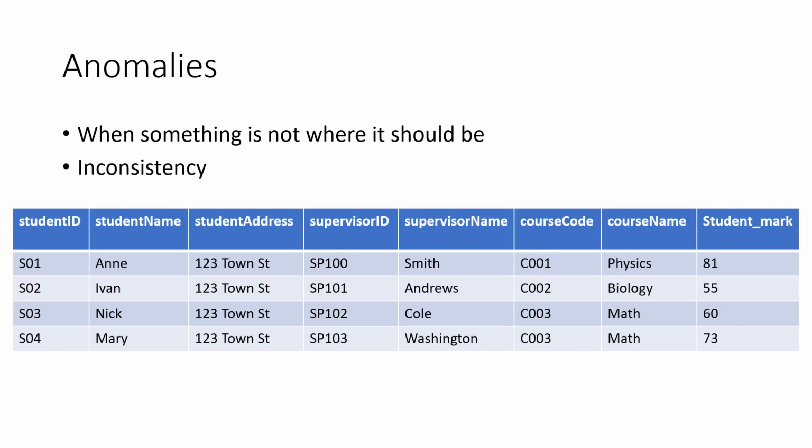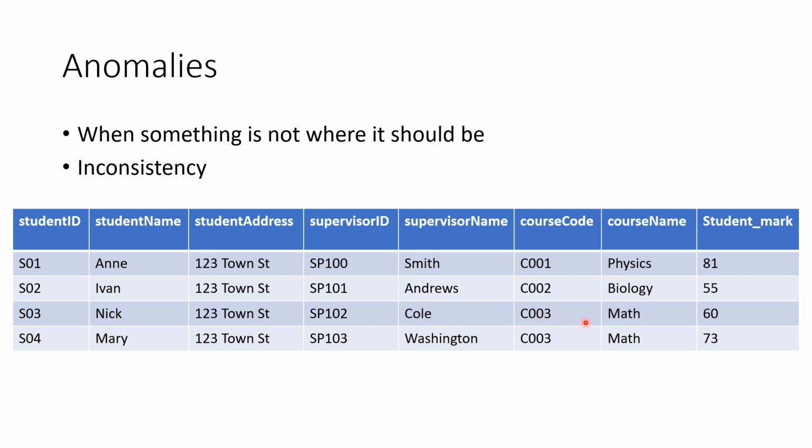So let's first look at an update anomaly, and I'm going to use this table as an example. An update anomaly is when duplicated attributes are updated but not all of them. For example, imagine we have this spreadsheet and it's a long spreadsheet with thousands and thousands of records. And you want to update your course code here, C003.